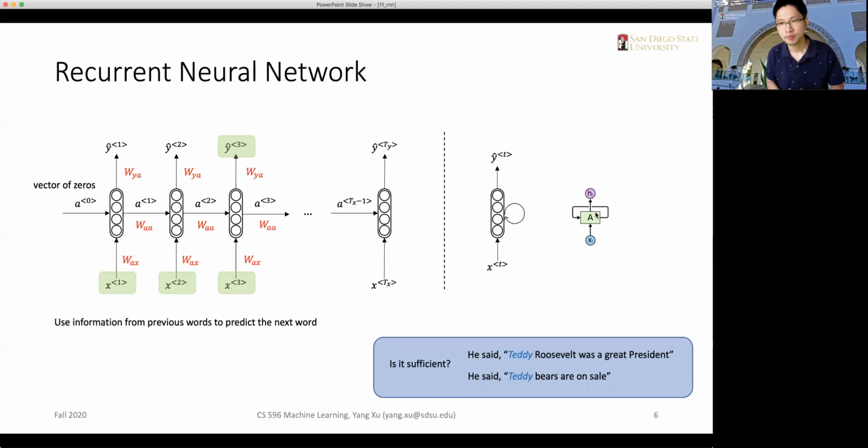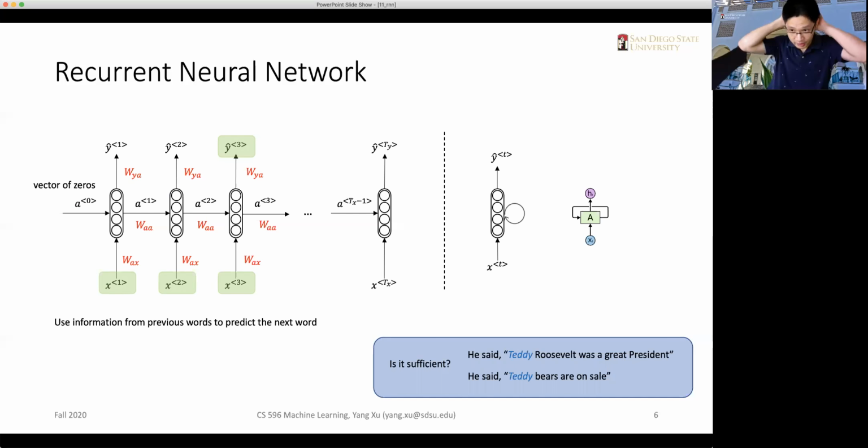Okay, but before we move on to more details, we can think about whether it is sufficient to have only the previous words used to predict the next word. For example, in the first example, he said Teddy Roosevelt was a great president. Or the second sentence, he said teddy bears are on sale.